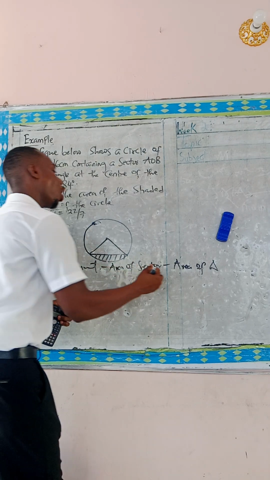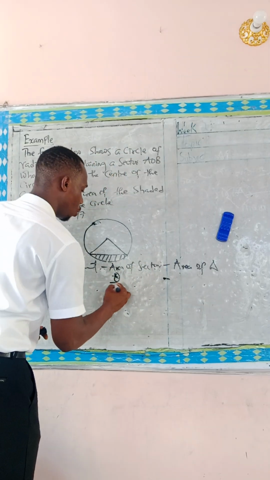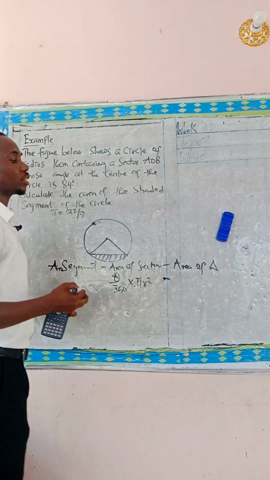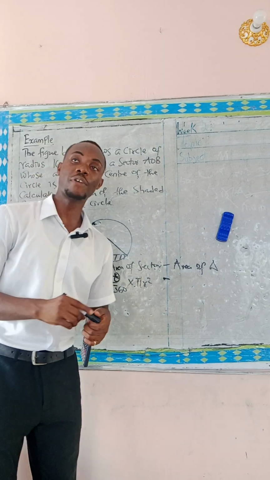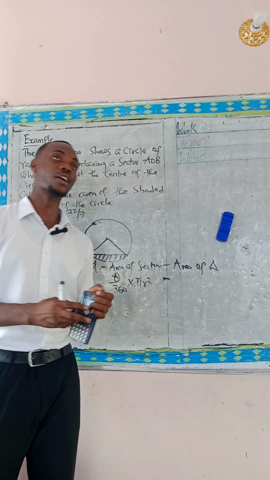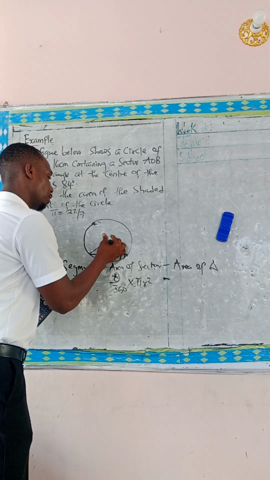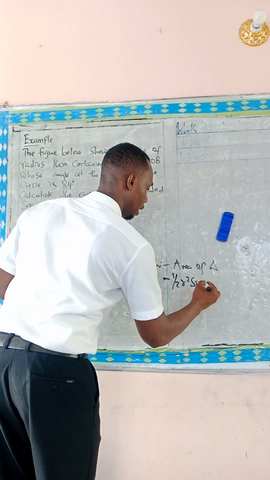Now, we all know that the area of the sector is theta over 360 times pi radius square. While for the area of the triangle, we have different formulas. We have half base times height. But as it regards to questions like this, the area of the triangle is half radius square sine theta.